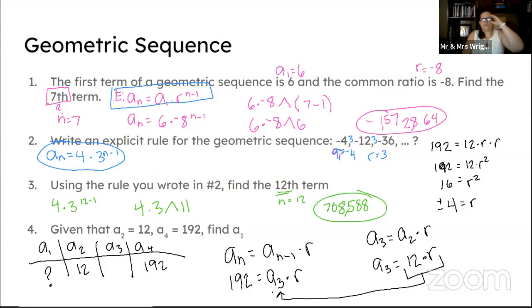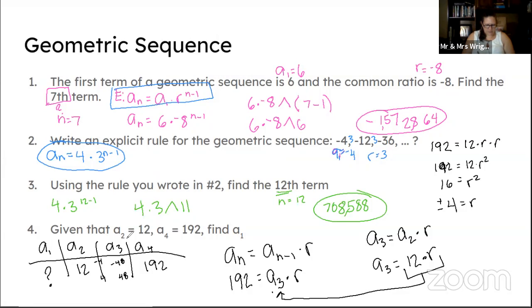Now, we need to determine, does this mean that we have a negative 4 or a positive 4 as our rate? Well, 12 times negative 4 is negative 48, and 12 times a positive 4 is a positive 48.